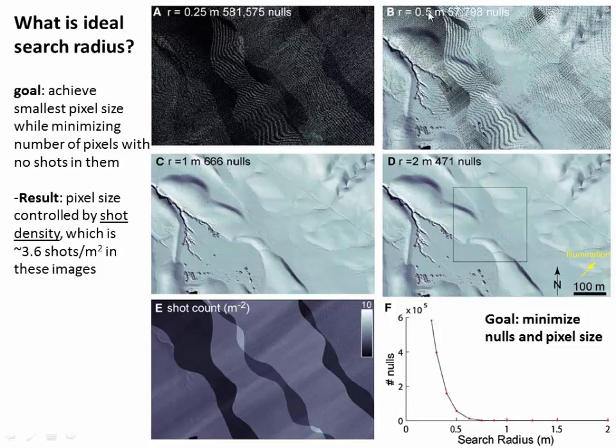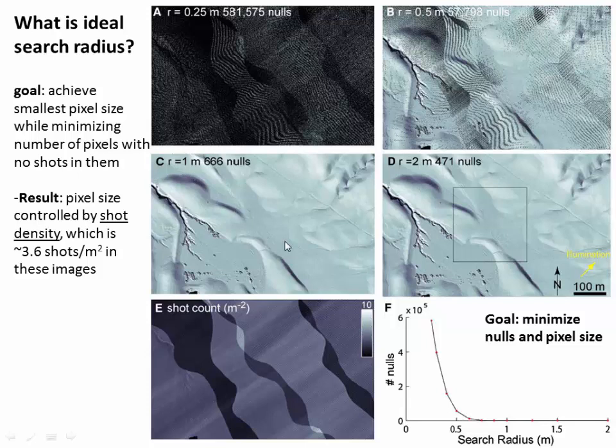If we try to go to 1/2 meter, we end up with 60,000 null pixels. So here we've gotten to a point where a large number of the pixels actually didn't have a shot in them, or didn't have a shot within the search radius. And so obviously the optimal size here is going to be someplace between a 1/2 meter and a 1 meter pixel resolution.